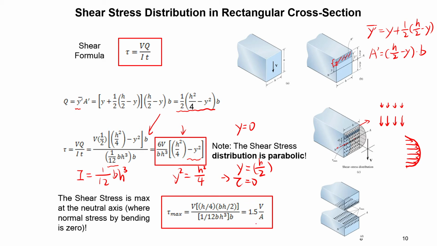The neutral axis has the maximum, which you can simplify for this type of cross-section to equal 1.5 V over A. Okay, very simple.